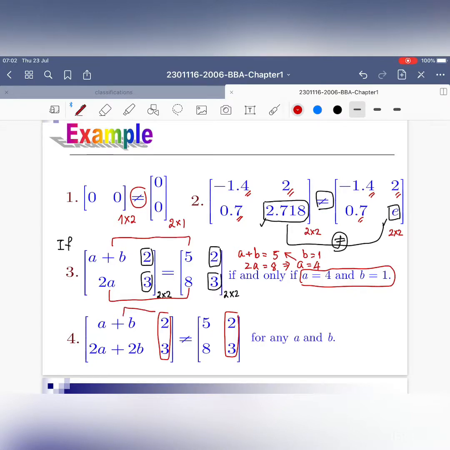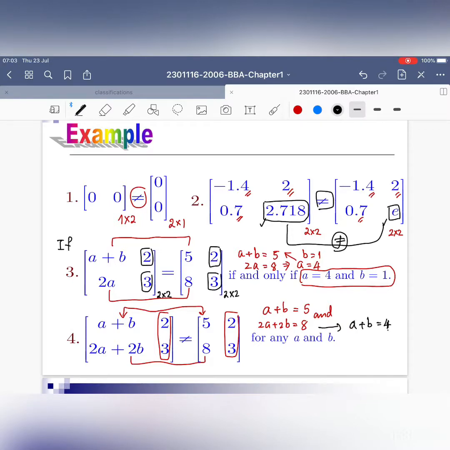However, if they are going to be equal, then A plus B must be 5, and 2A and 2B must be 8 at the same time, right? However, from the second equation, you get A and B equal to 4.